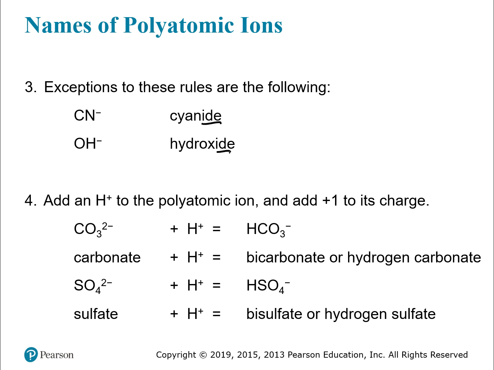So if you have carbonate and you add a hydrogen, now it's HCO3-, whereas the carbonate ion has a charge of 2-. Another example is if you have sulfate and you add a hydrogen, you're going to go from the sulfate ion having a 2- charge to the bisulfate ion that has a -1 charge. So be on the lookout for that when you're doing your chemical formulas and writing names.